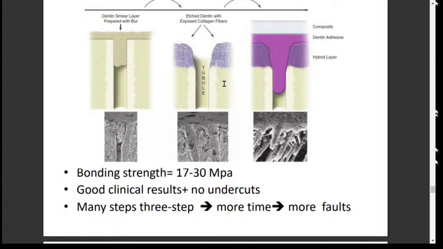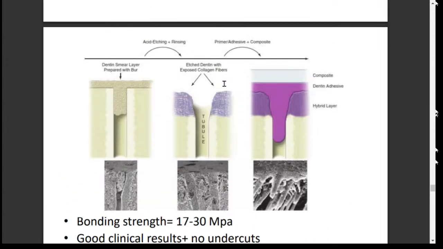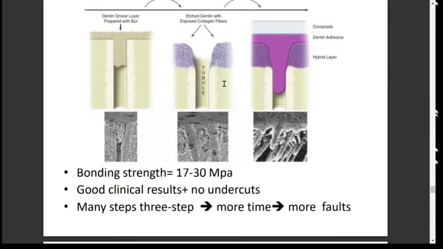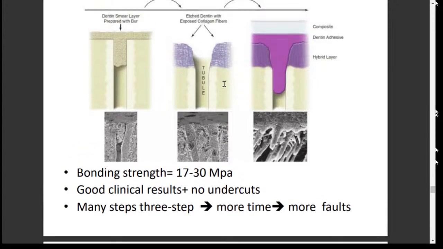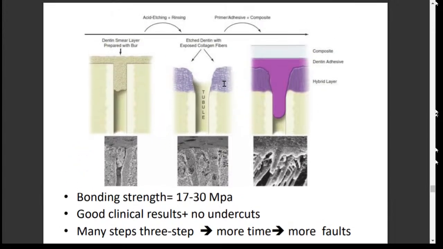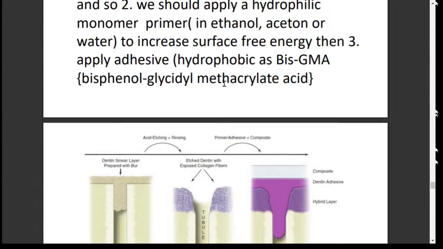These pictures show the dentin smear layer, the etched dentin, and the resin being added, with a bonding strength of 17 to 30 MPa. Good clinical results, no undercuts, but many steps, more time, more faults.